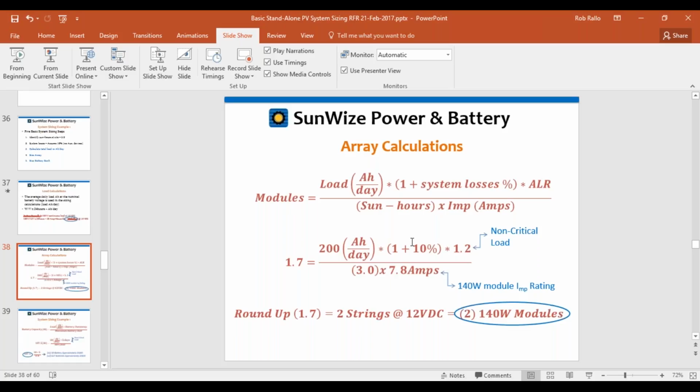I messed the calculation up. So we're going to come up with a little bit more than 1.2, because we have a little bit more in this case.